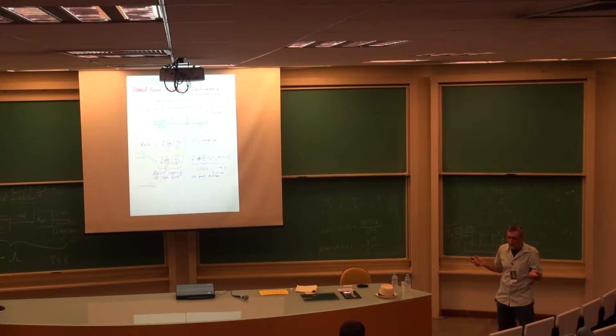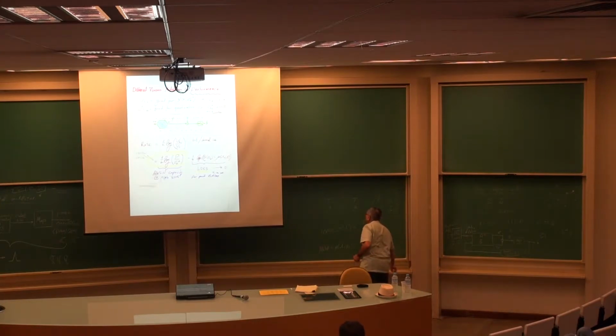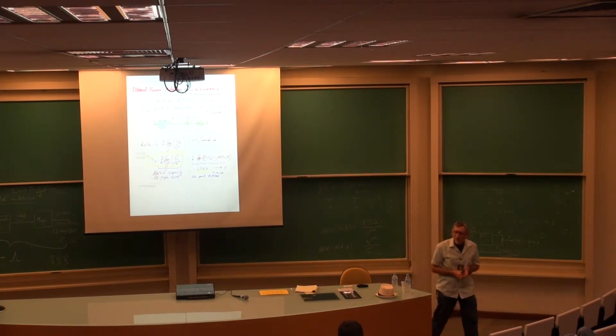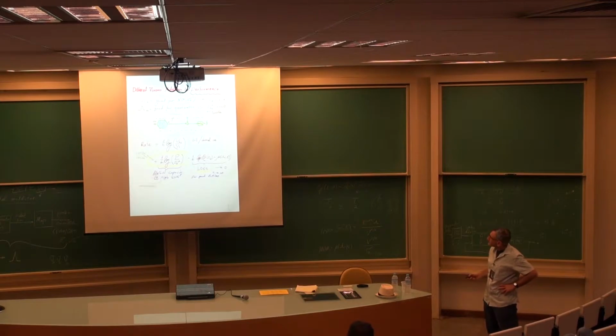The difference actually goes to 0. I mean, this is a small exercise to see that log 1 plus x minus log x goes to 0 as x goes to infinity. So at high SNR, we don't care about the 1.